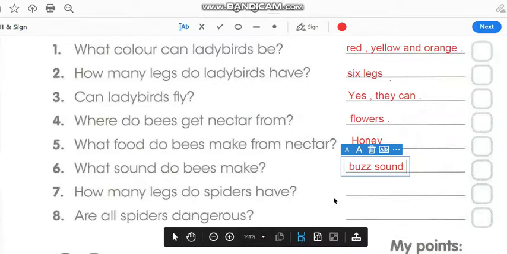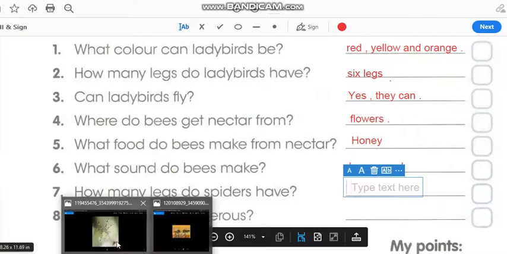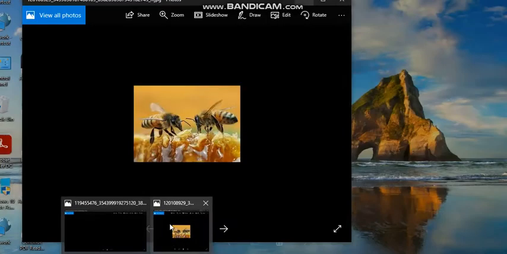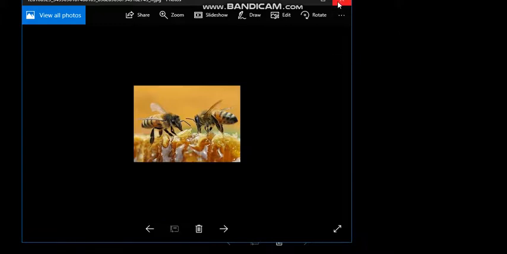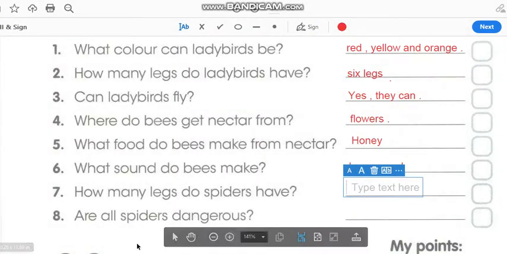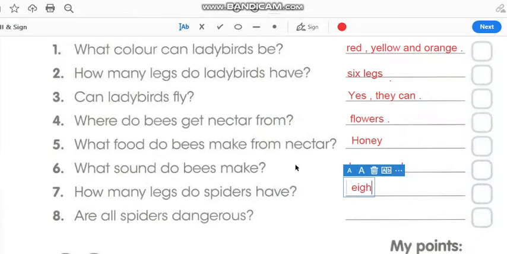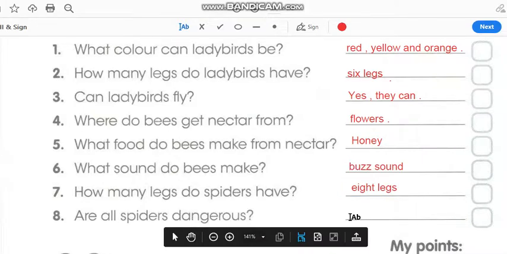Number 7. How many legs do spiders have? Look at the spiders and see how many legs. Yes, that's right, they have 8 legs. Are all spiders dangerous?